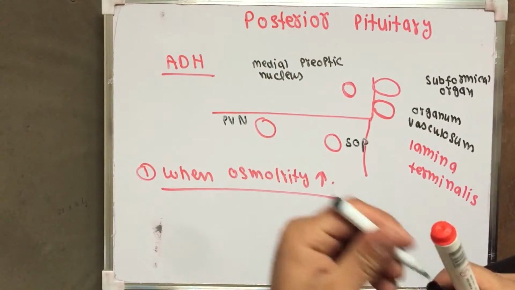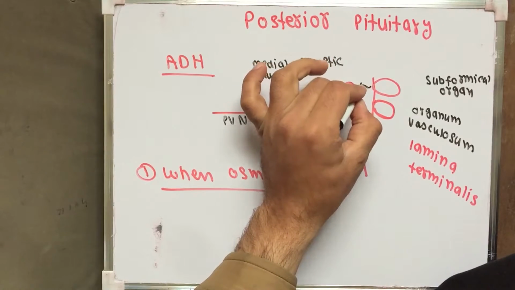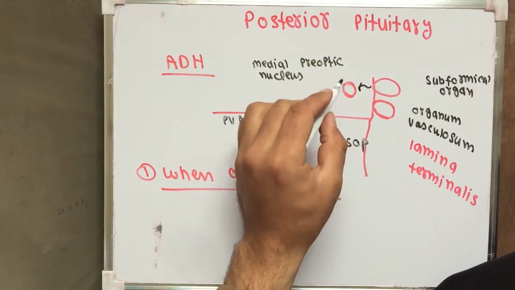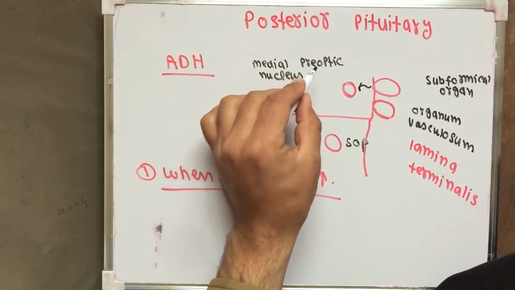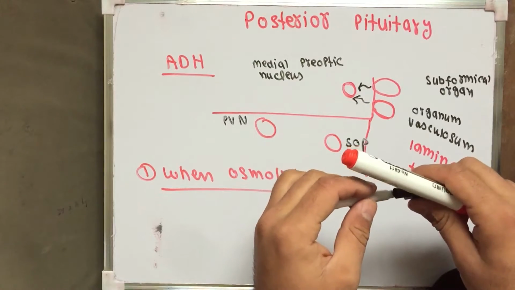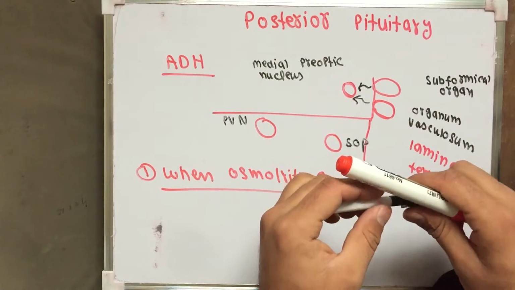This lamina terminalis region, which consists of the subformical organ and organum vasculosum, activates a nucleus called the medial preoptic nucleus. So the medial preoptic nucleus is activated.